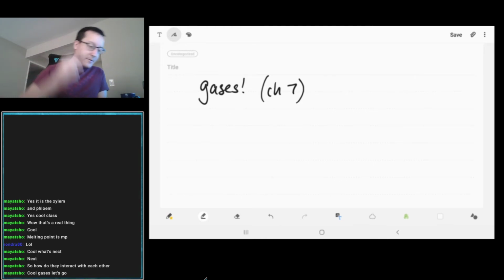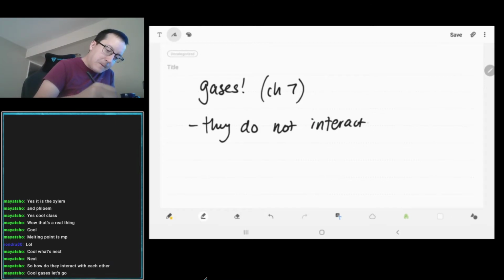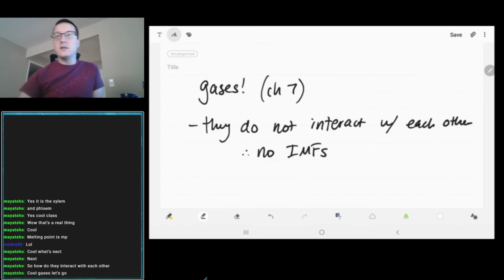So, there we go. We're going to see that the primary characteristic is they do not interact. So they will have no intermolecular forces.